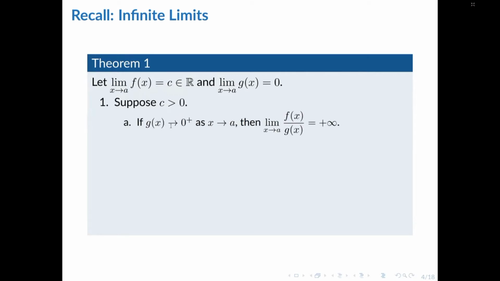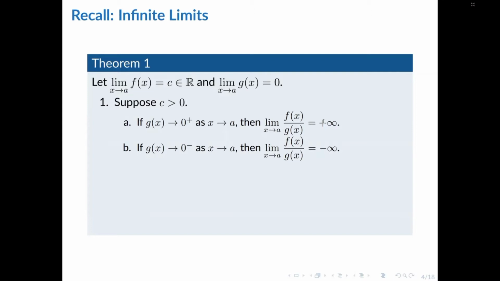If g of x approaches 0 from the right as x approaches A, then the limit of f of x all over g of x as x approaches A is equal to positive infinity. If g of x approaches 0 from the left as x approaches A, then the limit of f of x all over g of x as x approaches A is equal to negative infinity.